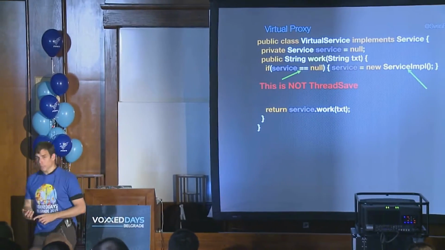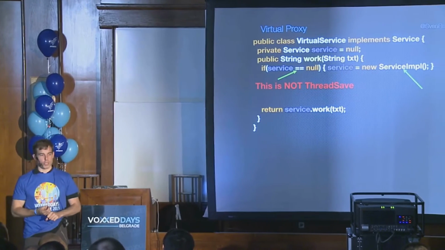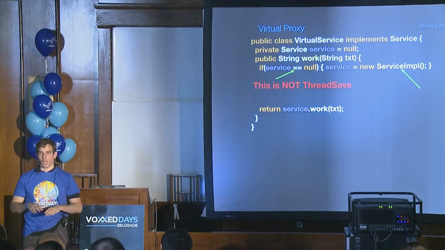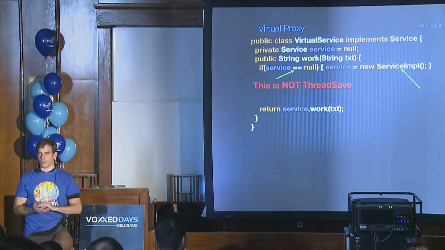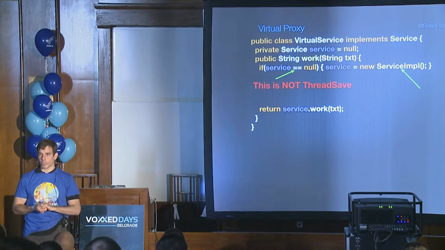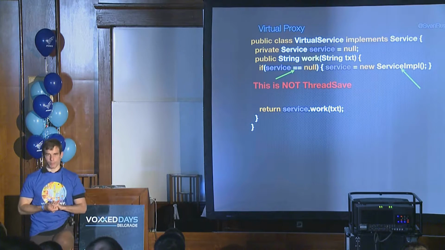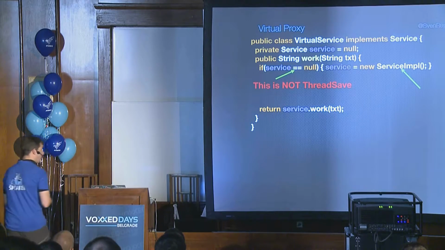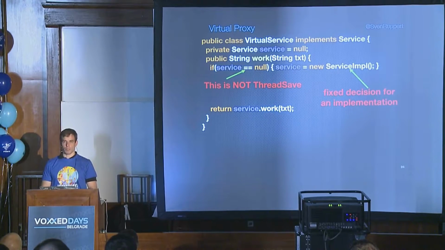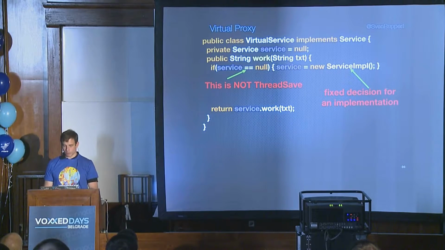Let's think about an algorithm that uses a lot of memory and is quite fast. You're inside an environment, the memory usage is increasing, and later you're invoking the same thing and you see, oh, I don't have enough memory. Then, with a proxy, you can decide, okay, now I will create a different instance that is slower but uses less memory. And this is only one thing you can do with this. So the fixed decision for an implementation is not necessary. You can be more flexible.